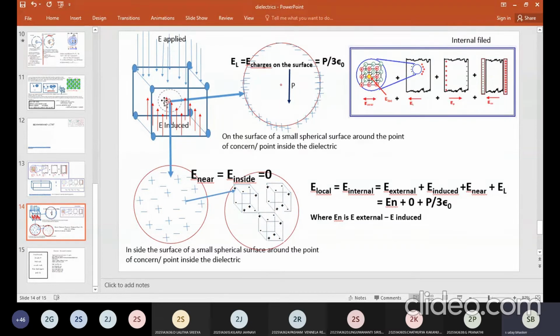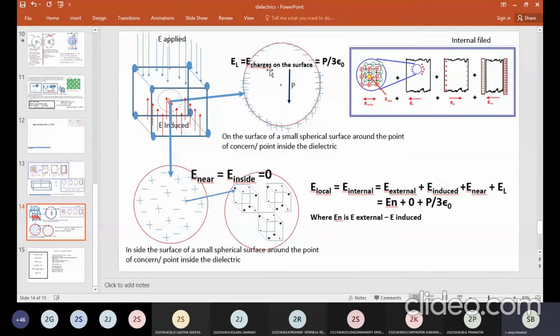You have two red circles, and these two red circles are magnified on the right side, with the red-blue line. This is the outer circle, and this is the inner circle. The inner circle talks about the atom or molecule, and this is a small spherical region around that particular point of concern or atom.